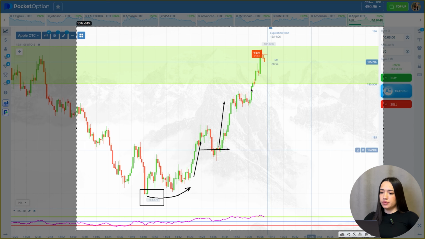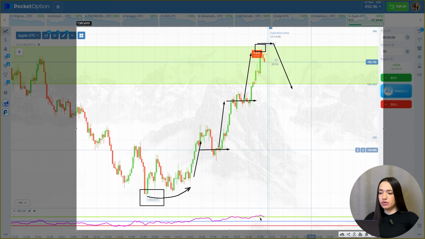So we again have an impulsive upward move, and the price has entered that same price range, and here a new high is forming, and from this high we're expecting a move downward.